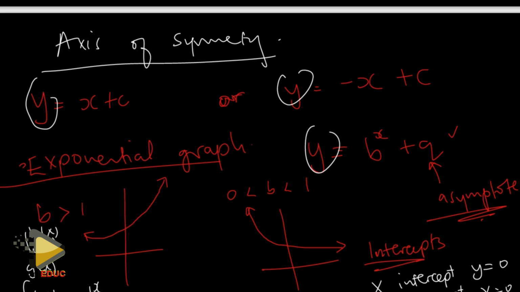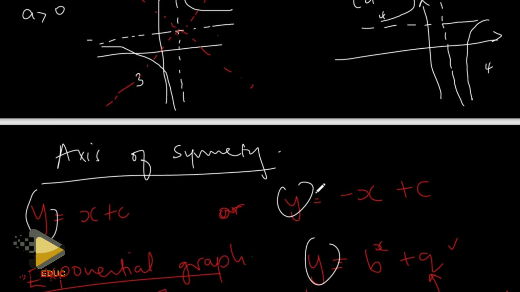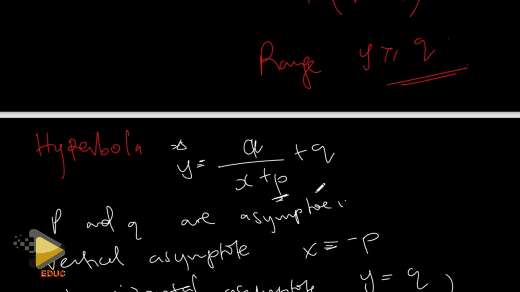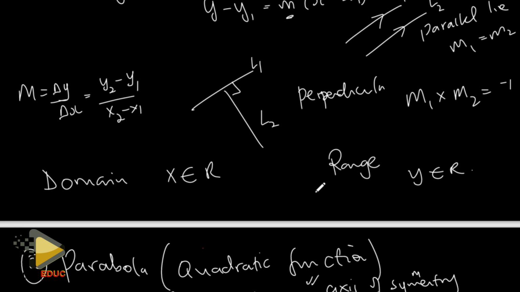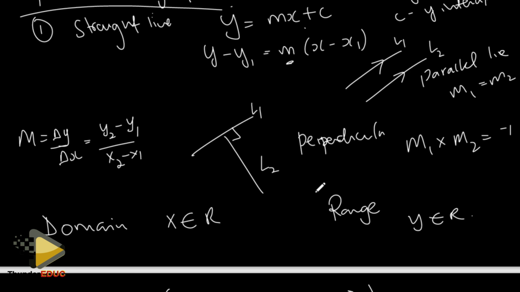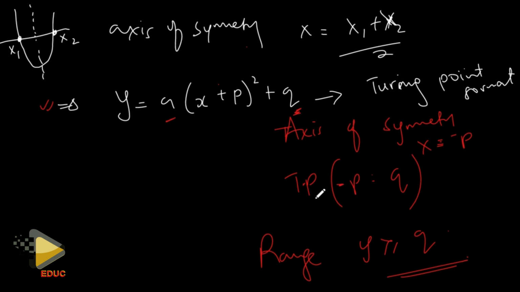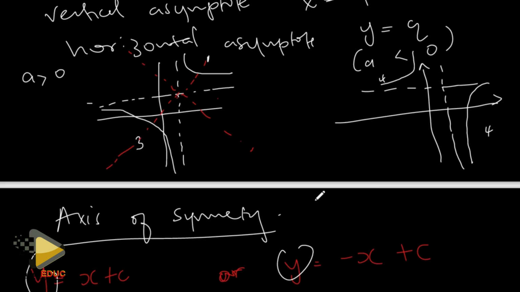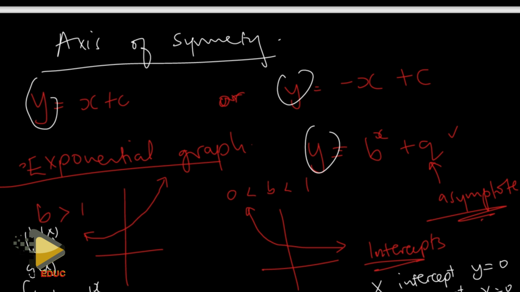Having given people the background of functions, we need to look at our sample questions. Remember, in paper 1, we don't expect the trig functions. It's just the straight line, the parabolas, hyperbolas, as well as the exponential in grade 11. All right.